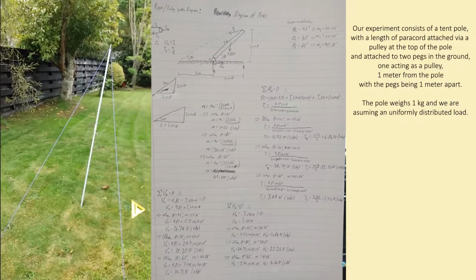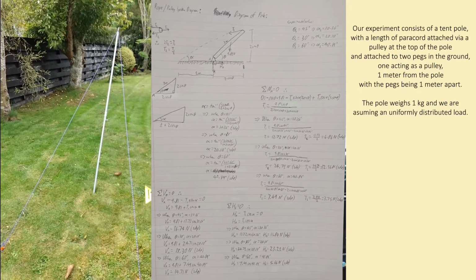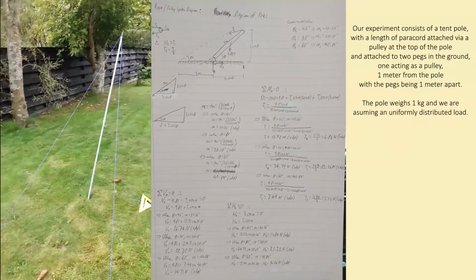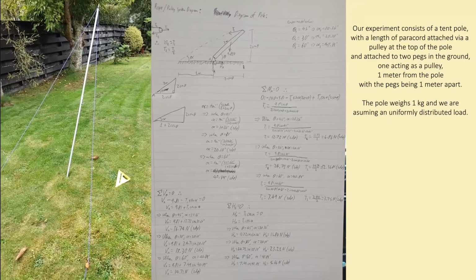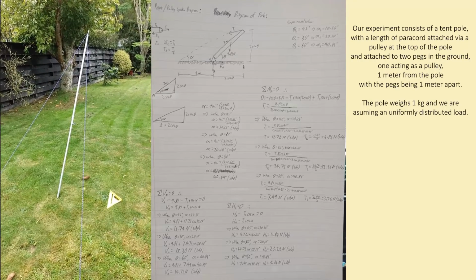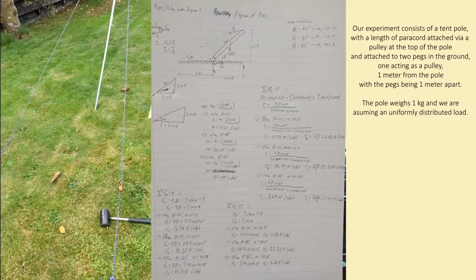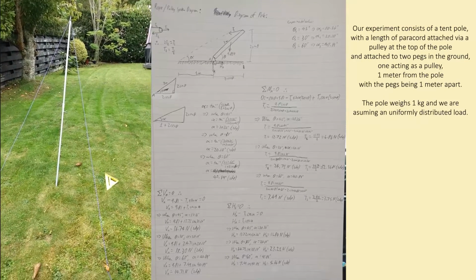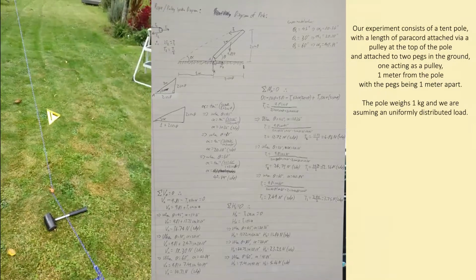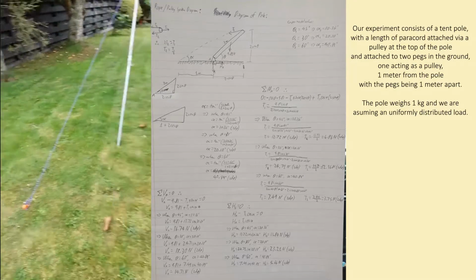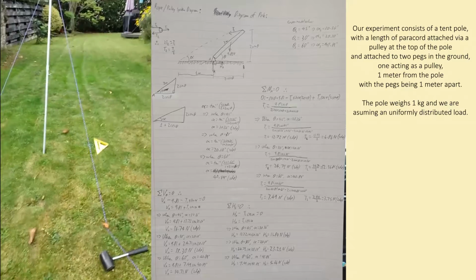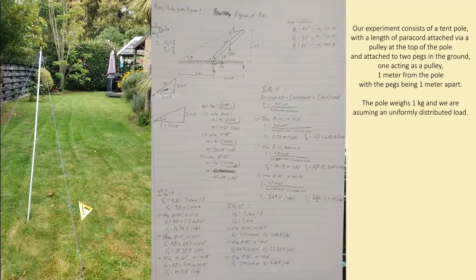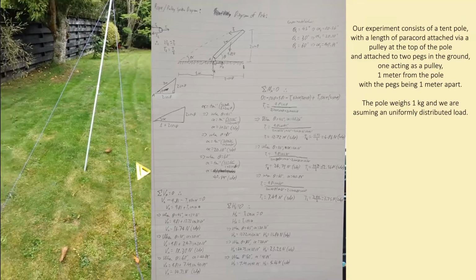Okay, this is our home experiment, and the aim of this is to model the process of a crane. We have a tent pole which weighs exactly 1 kg at 1 meter distance, supported by two pieces of string that are 1 meter apart, the center of the pole being centered down the middle, and the pole is at an angle of 45 degrees.